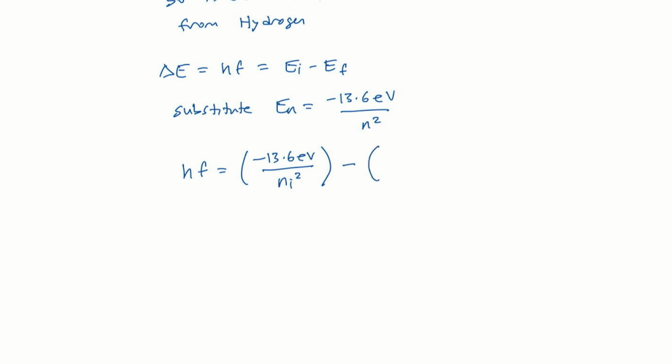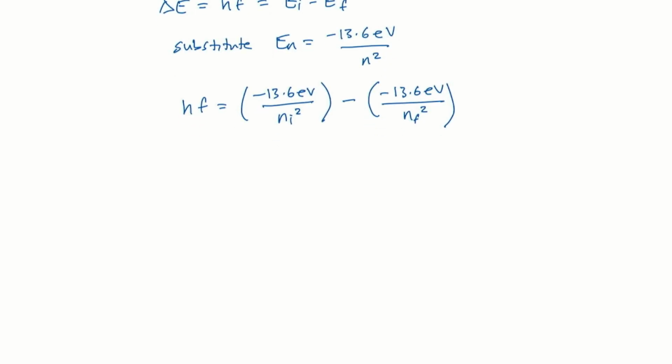Then we have minus, and now this will be E sub f, minus 13.6 electron volts over n sub f squared. Okay, so let's pull out a 13.6. So hf is going to be 13.6 electron volts. We're going to be left with 1 over n sub f squared. We have minus minus, so that side's positive, minus 1 over n sub i squared.